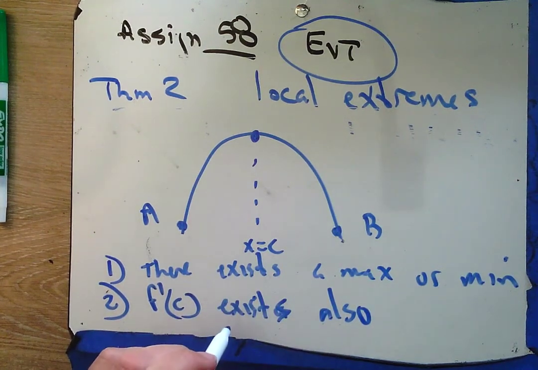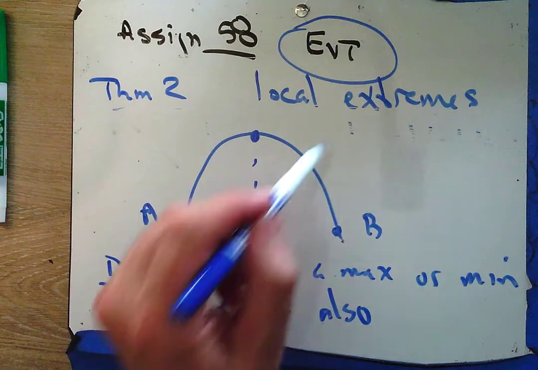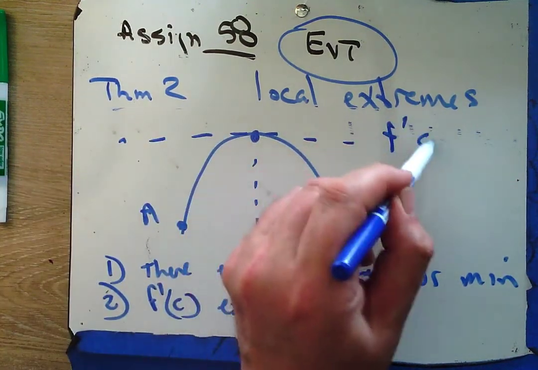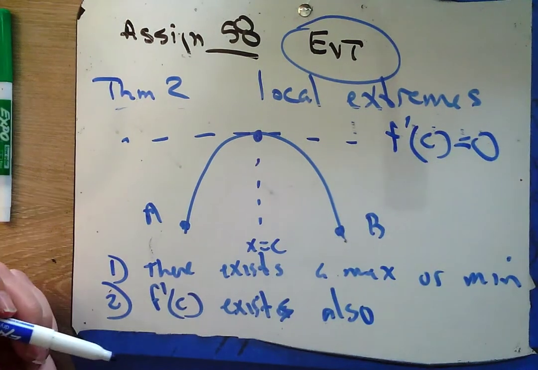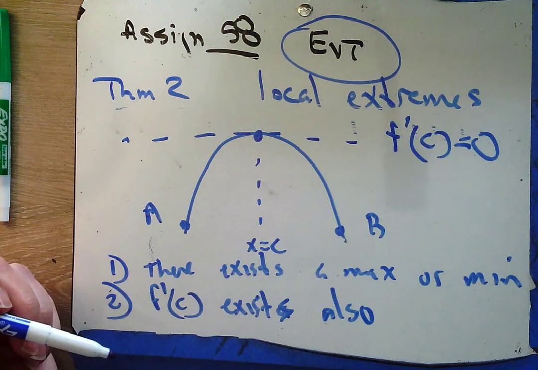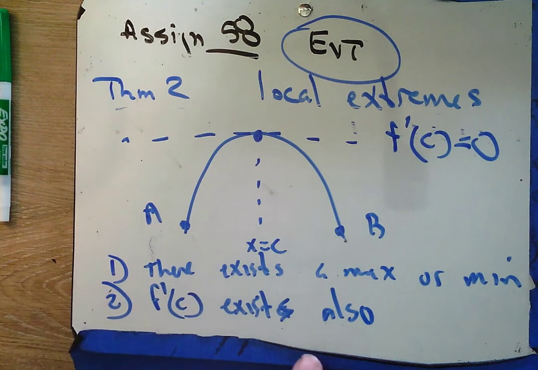In that situation, we know that f prime of c is going to be equal to 0. Yeah. So that's nice.